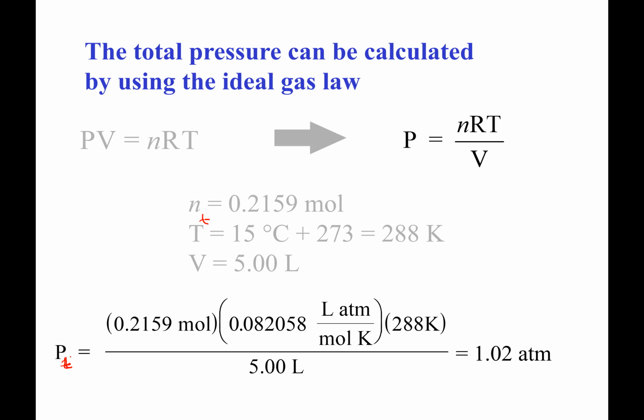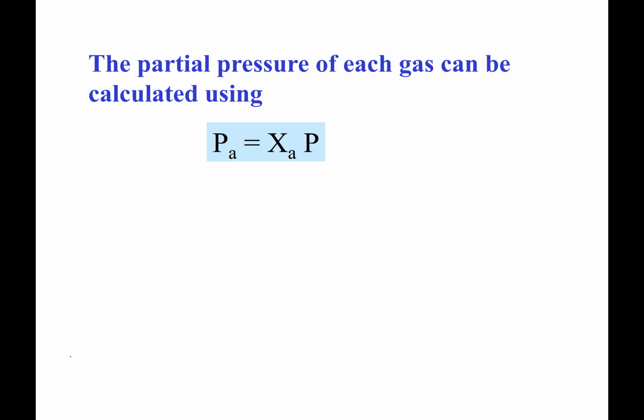And different problems ask for different information. They may ask for the total pressure. But now we need to divvy that 1.02 atmospheres up amongst these gases. And we're going to do it this way. So what would the mole fraction of the CO2 be? What's in the top?